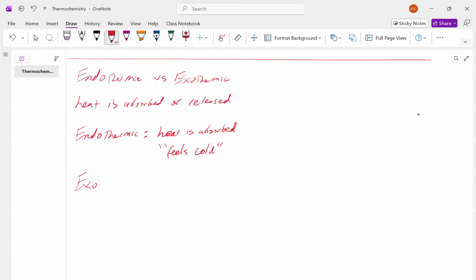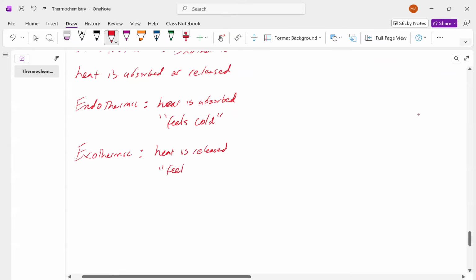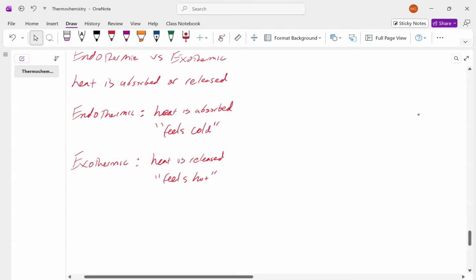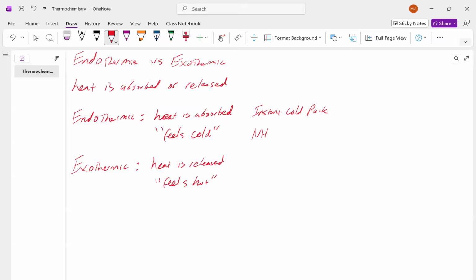Exothermic is the opposite, where heat is released. And this is when something feels hot. You probably have experienced some of these very things in your lifetime, like for example, an instant cold pack. What is probably in there is ammonium nitrate.